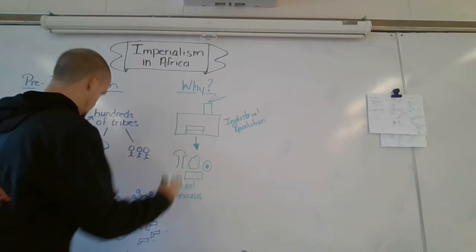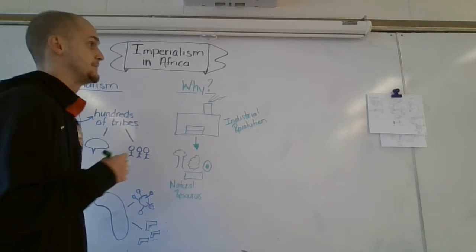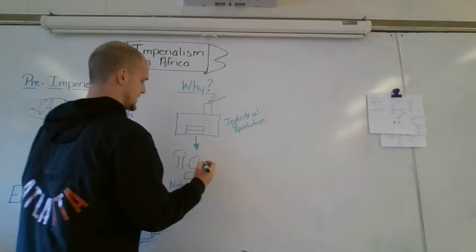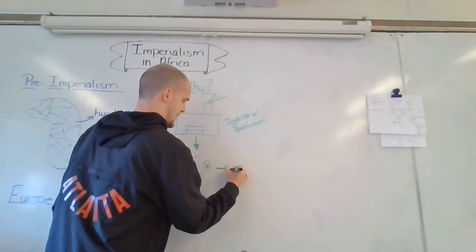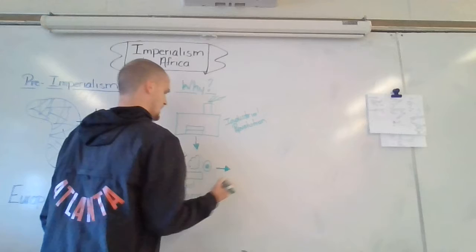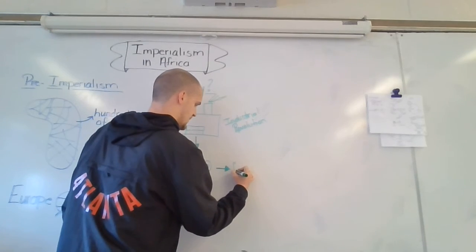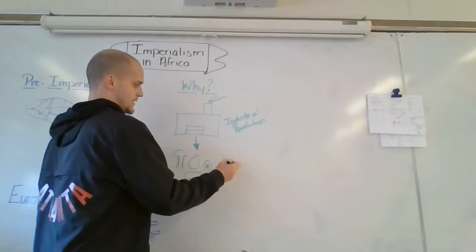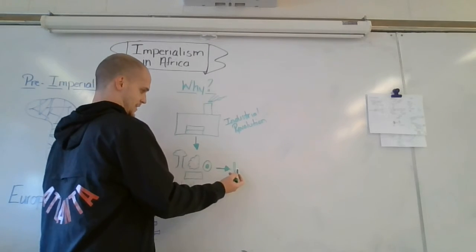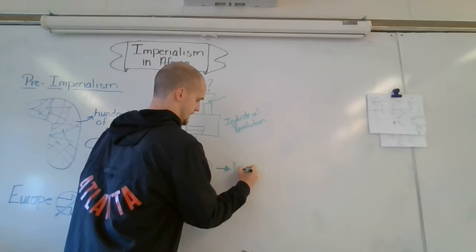And Africa tends to have plenty of natural resources, especially then. So they take these natural resources and turn them into things. My go-to example of a natural resource is a pencil, because the rubber makes the eraser, the pencil itself is made of wood, and the graphite makes the lead. Or shirts.